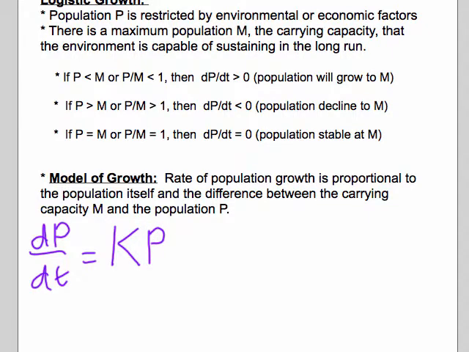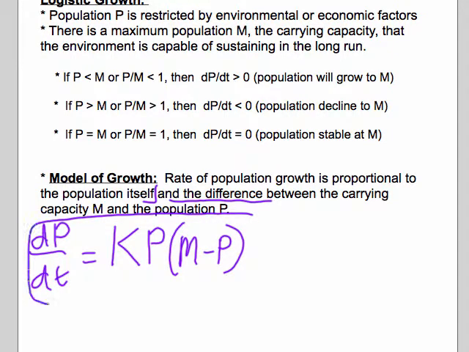Now up to that point, that would just be exponential growth, wouldn't it? But we've got this extra little piece to multiply on, as well as the difference between the carrying capacity and the population. This is our differential equation model for logistic growth. And in a moment, you'll see how it matches what we need it to do from above.